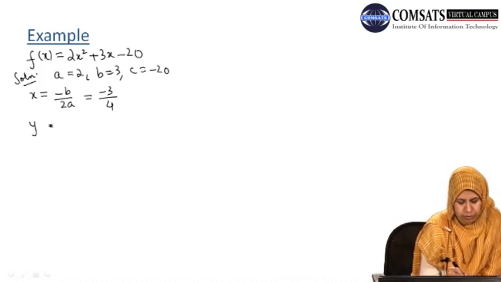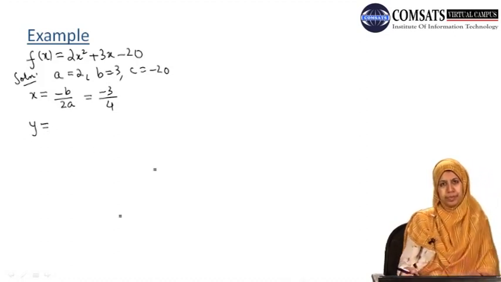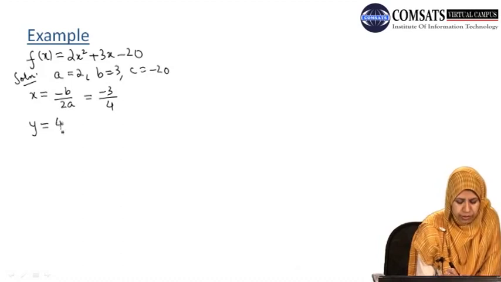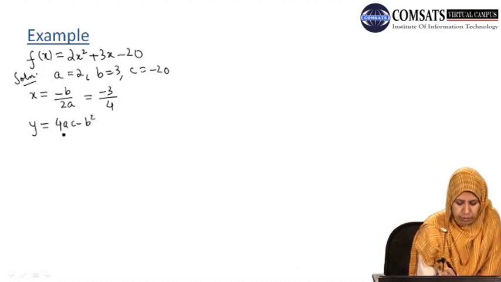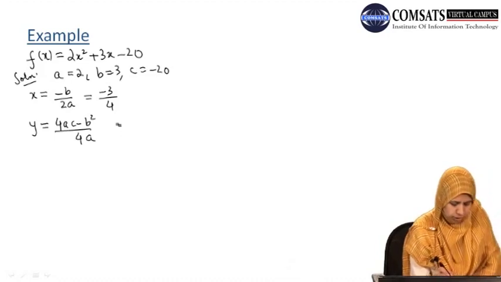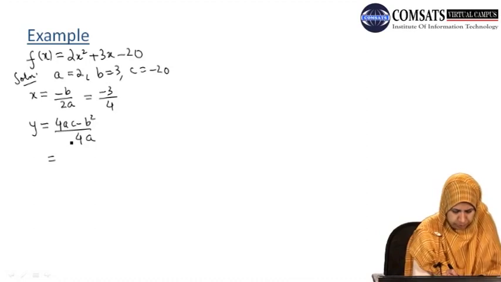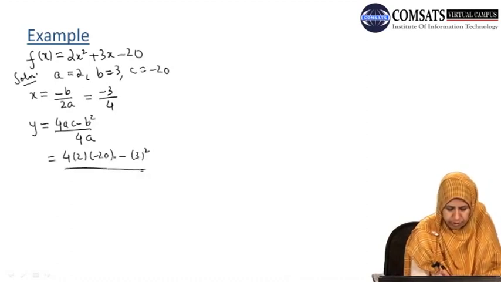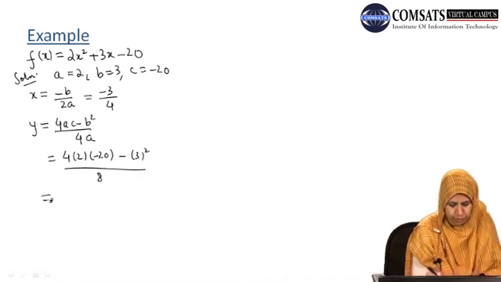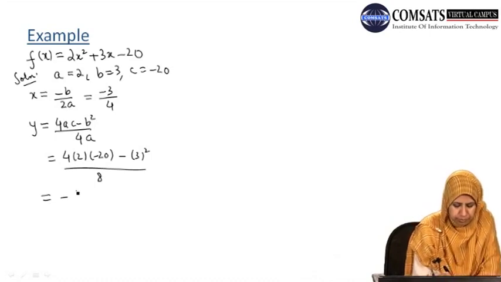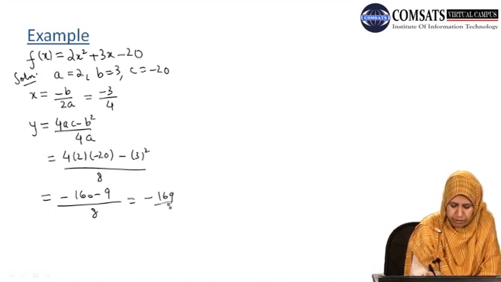The formula for the y-coordinate is 4ac minus b square over 4a, and by putting the values we obtain minus 160 minus 9 divided by 8, which is minus 169 divided by 8.